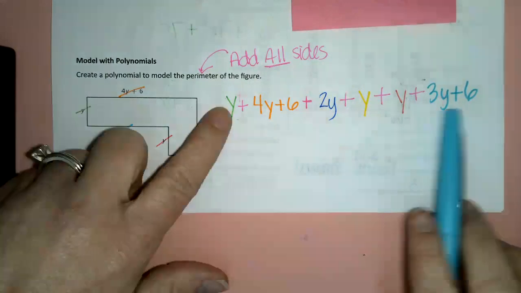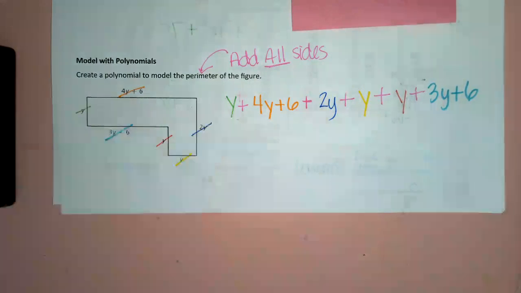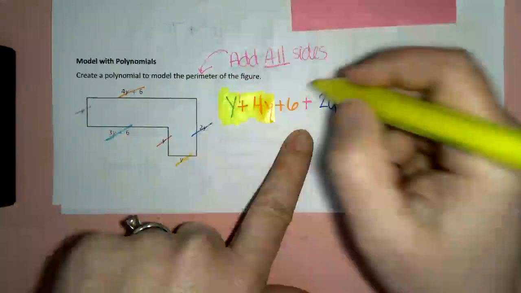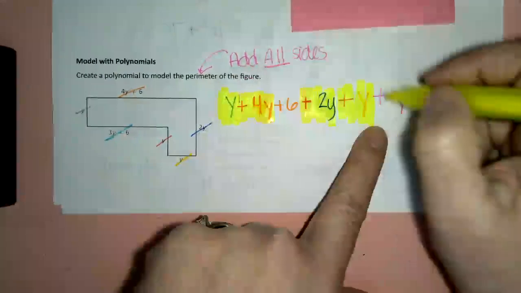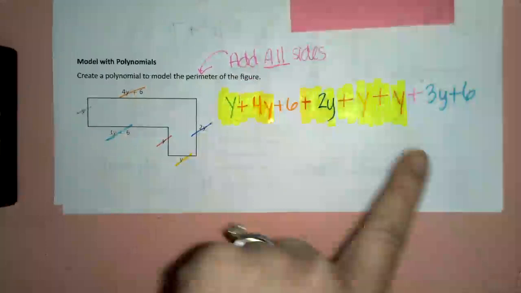Now looking at this, we can highlight our like terms. Because all we're doing is adding. So I grabbed my yellow highlighter, and I'm going to highlight all of the plain y's. So y, 4y, positive 2y, positive y, positive y, and a positive 3y.